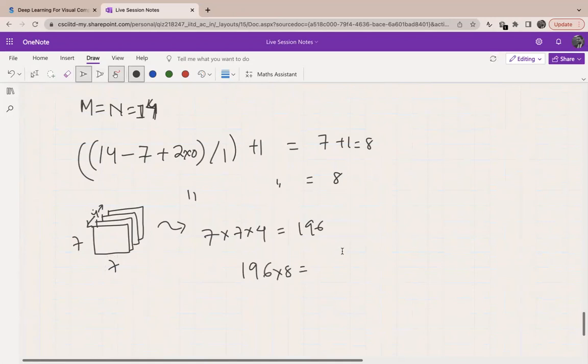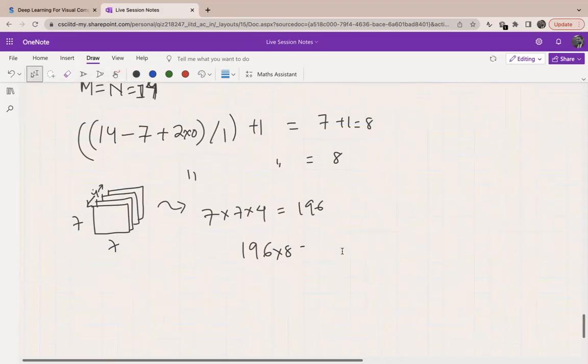But before that, we also have a bias, one bias associated with each filter. So 196 plus 1, multiplied by 8, because the number of filters is 8, equals 1576.